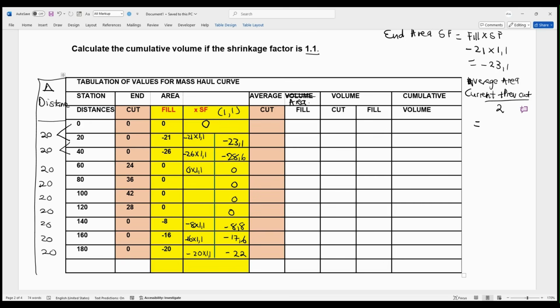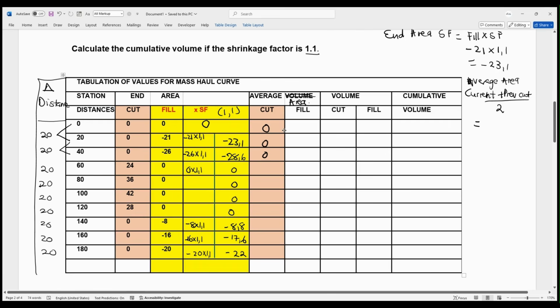What do we mean by that? For example, the current cut at this point is 0, so we place 0 here. The current cut at the next point is 0. 0 plus 0 divided by 2 is 0 again. Then 0 plus 0 divided by 2 for this part is 0 again.